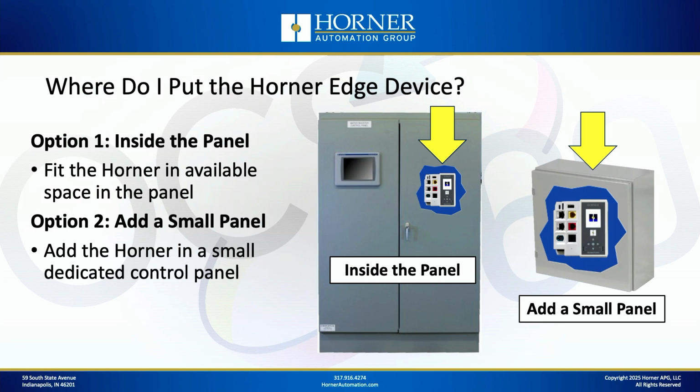But if that does not look possible, and believe me, I've seen plenty of control panels that are just chock full when the machine is delivered, you can add a small control panel near the machine that taps into communication signals, etc., and gets the job done. So again, it doesn't have to be inside the existing panel. You can put it in a small panel and just add that to the system.